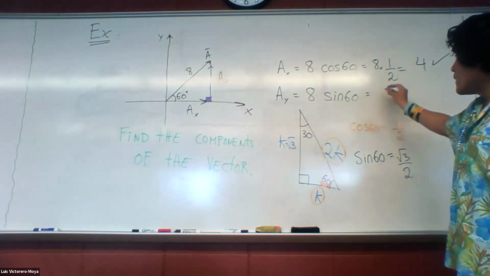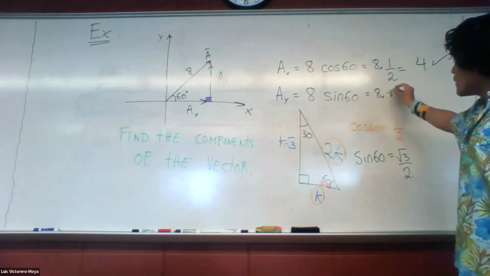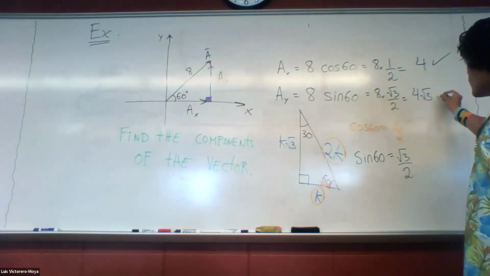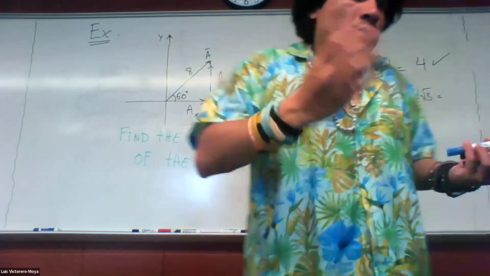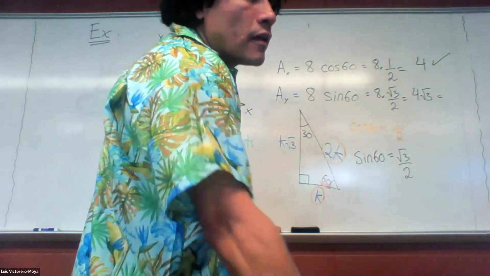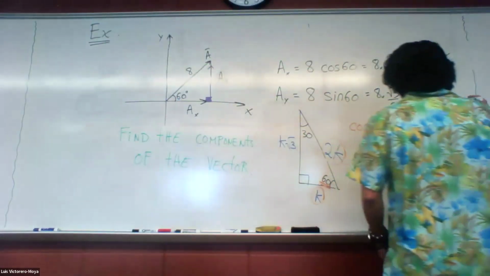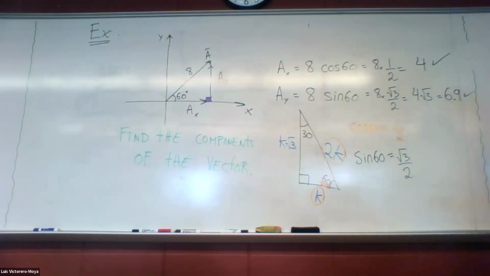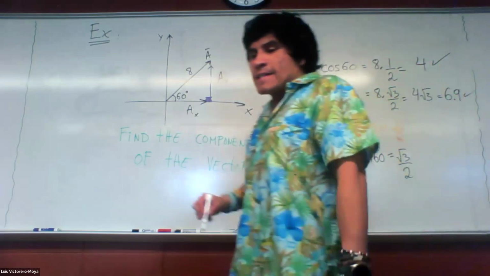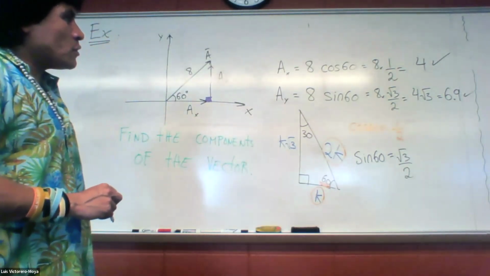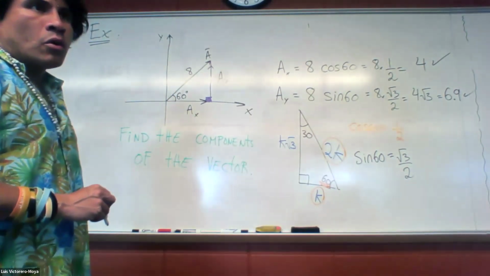So this is 8 times root 3 divided by 2, 4 root 3. Okay, so now let's say we use a calculator for that. 6.9, yeah, 6.9. That's your Y component and your X component. All right. So that's how you apply your trigonometry, and that's how you find components of a vector on the plane.